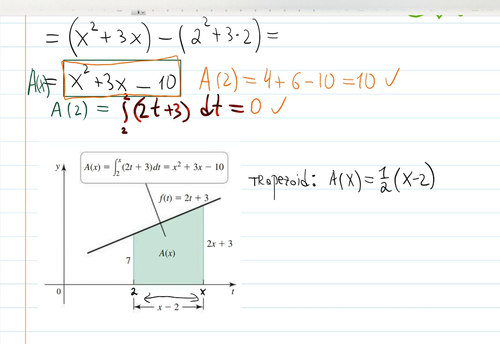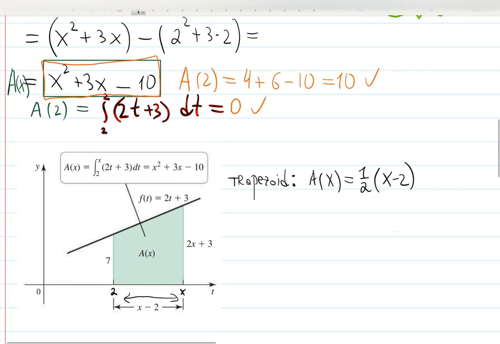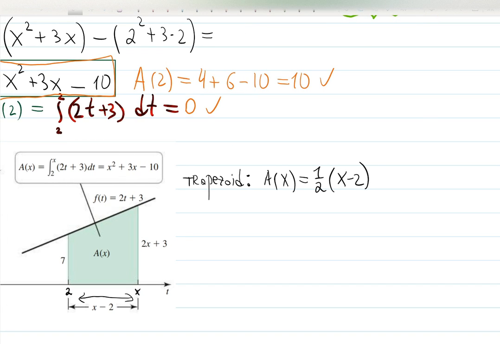So what's the difference? X minus 2, right minus left, times the sum of the height of each parallel line. The right height is x plugged into 2t plus 3. So that's 2x plus 3 plus, and I'll put it in small parentheses. But the left height is actually given.